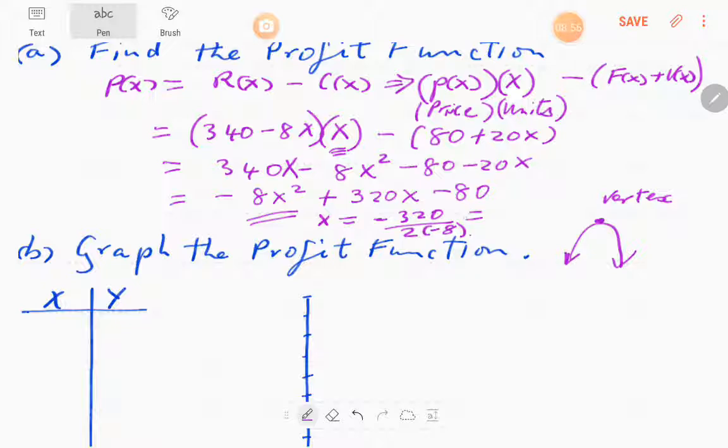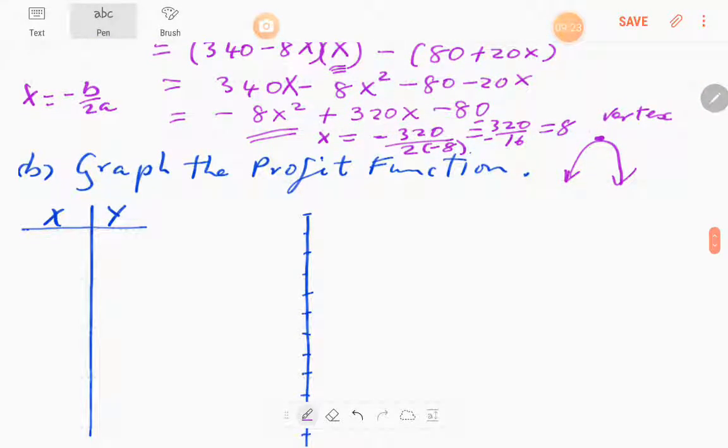And this simplifies to give us 20, so it's minus 320 over minus 16, which gives us plus 20. So the x value of the vertex is given by minus b over 2a.